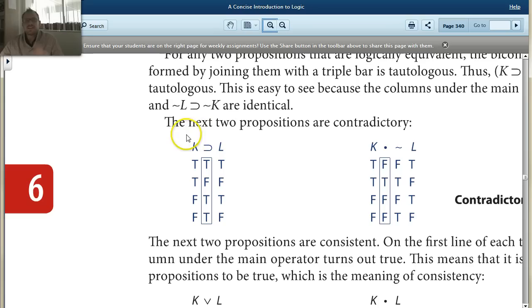Because imagine you're talking to someone and they say, if you kill bats, then the lice problem will be solved, right? And then they go on and say, and I also believe that if you kill bats, the lice problem will not be solved, right? You can't believe both things simultaneously. So contradiction is sort of the mortal sin in philosophy.